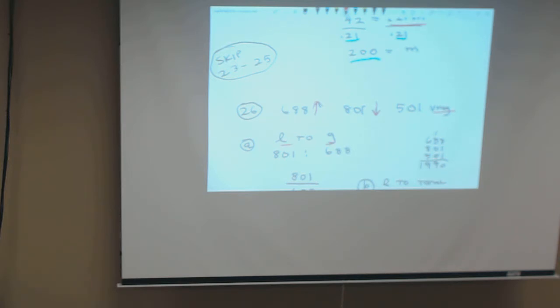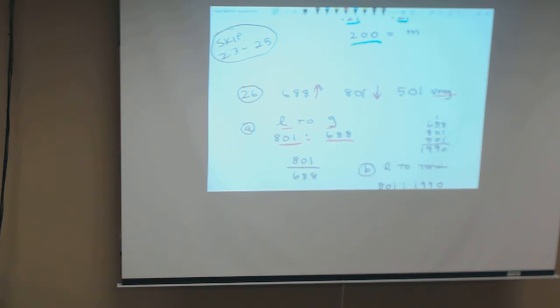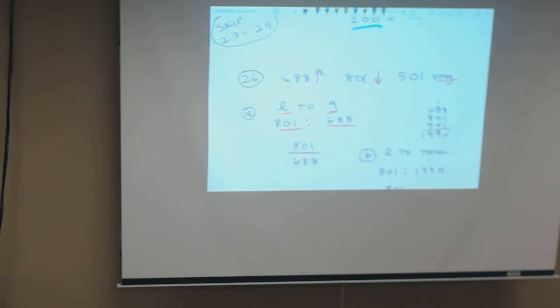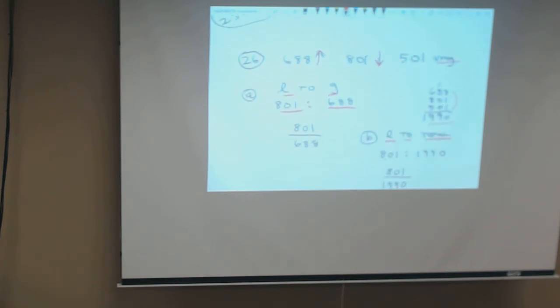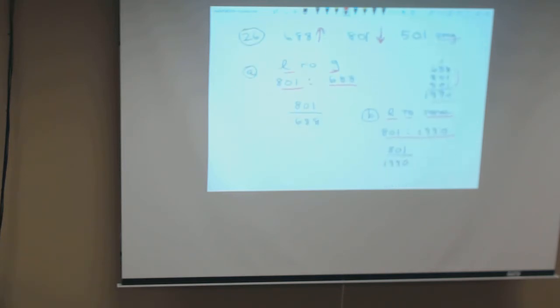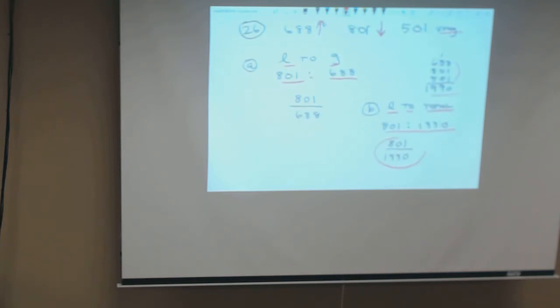Losers were 801 to 688, or 801 over 688. What's the ratio of losers to the total? The total, I have to add all three together, and I get 1990. So it's 801 to 1990, or 801 over 1990.